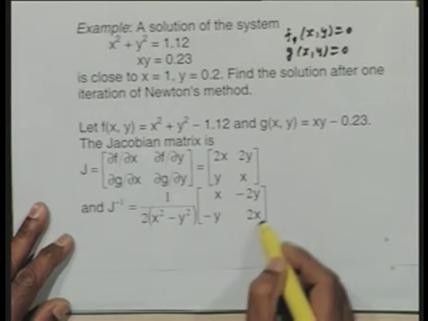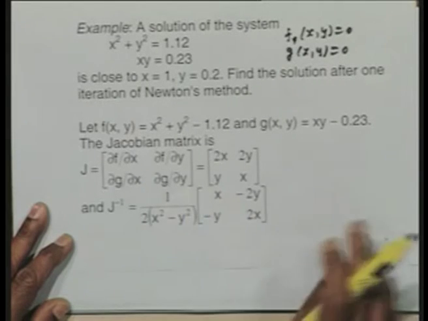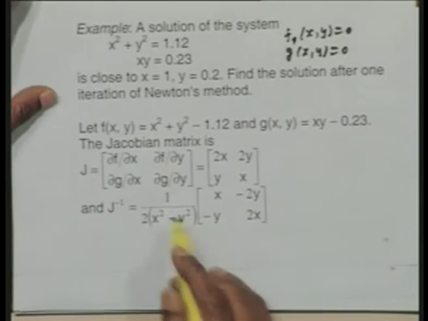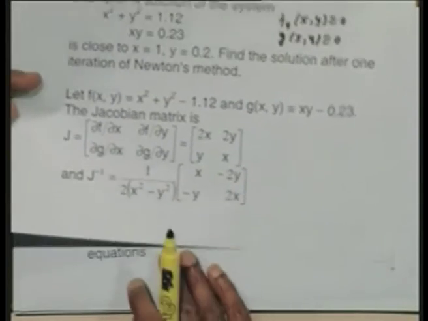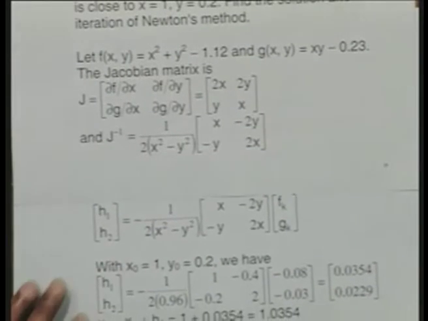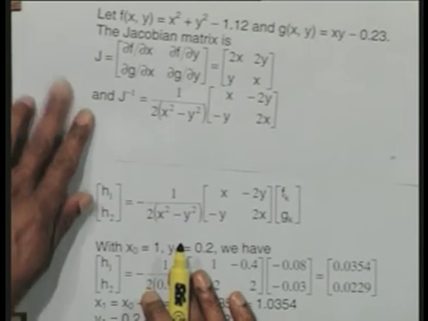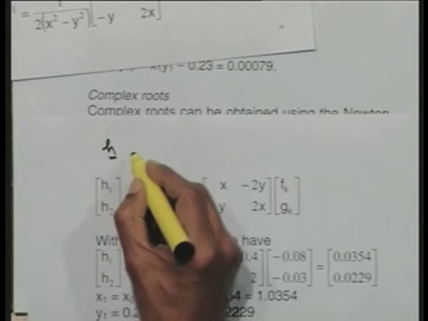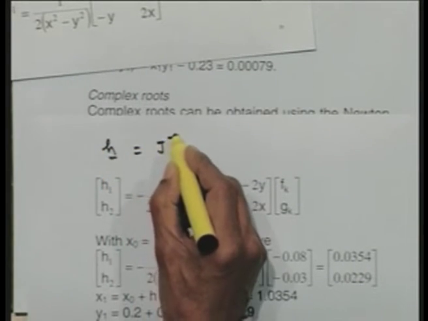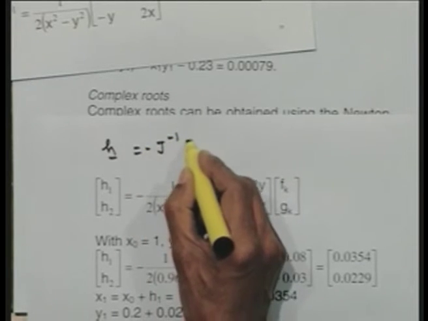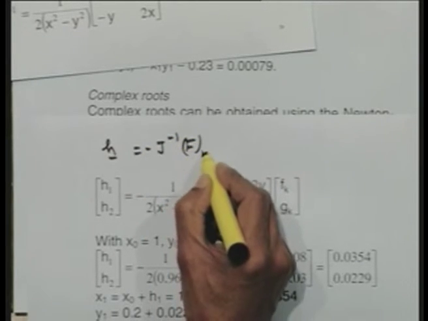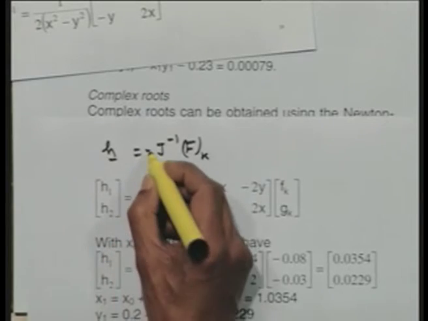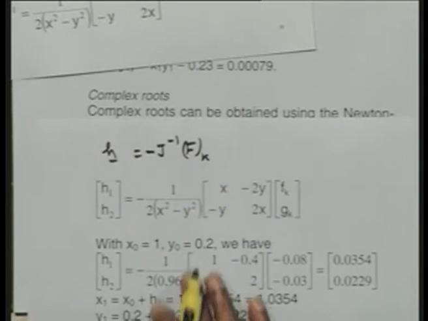So I get this as the inverse of this particular matrix J. Once I write this as the inverse of the matrix, I can now write down my system of equations, h1 h2. The next step is that we write this vector h as minus J inverse of f at k.